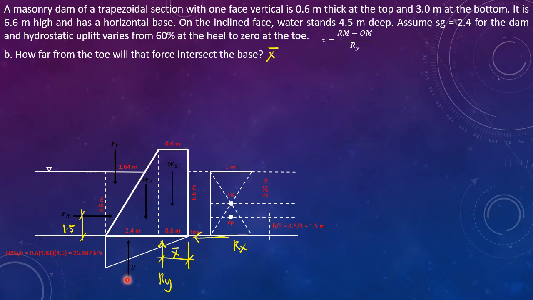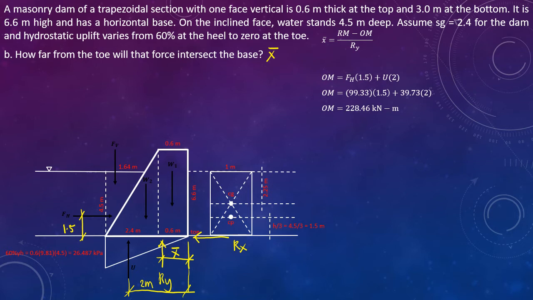So 2/3 of 3, or that is simply 2 meters. So the location of U with respect to the toe will be 2 meters. So the overturning moment is simply equal to FH times 1.5 plus U times 2. So substituting, our overturning moment OM is equal to 228.46 kilonewton meter.